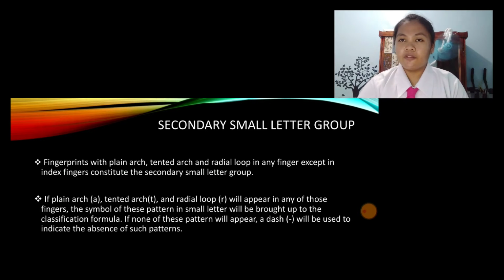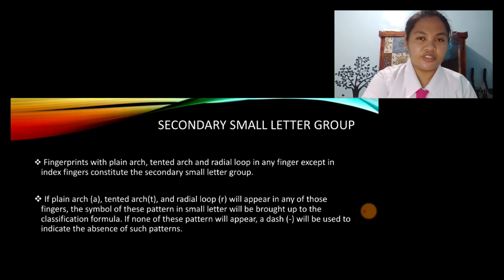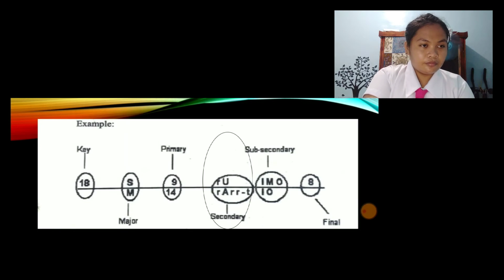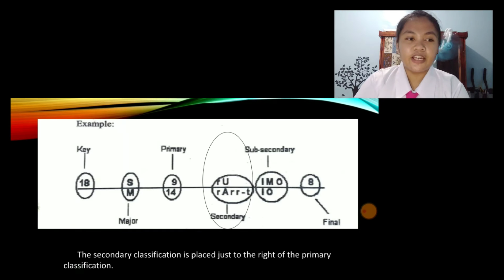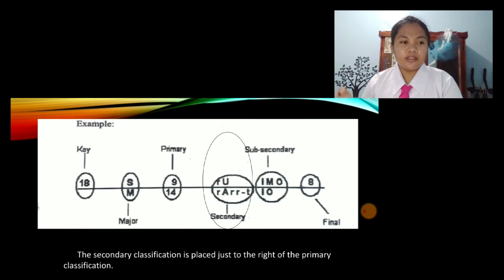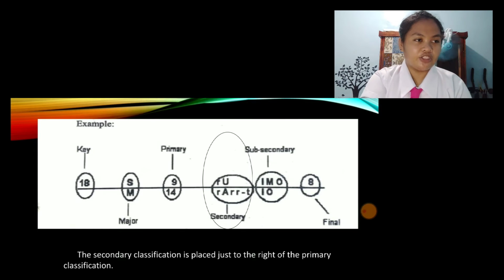So if none of the three patterns, plain arc, tented arc, and radial loop, appear on the fingers except the index, we put a dash to indicate that those three patterns are absent in those fingers. The secondary classification is placed just to the right of the primary classification.